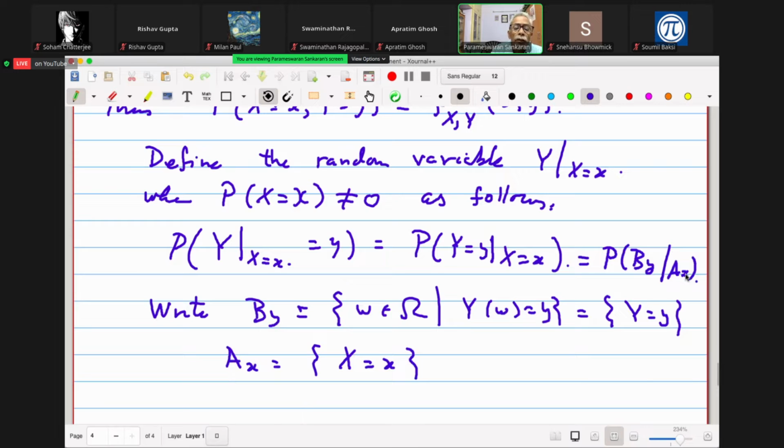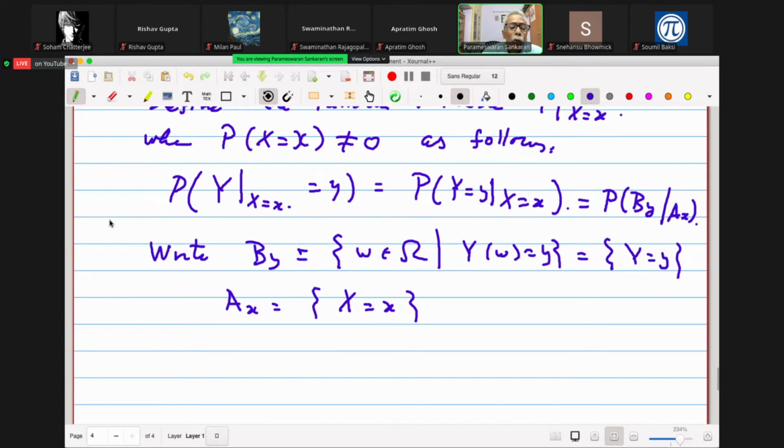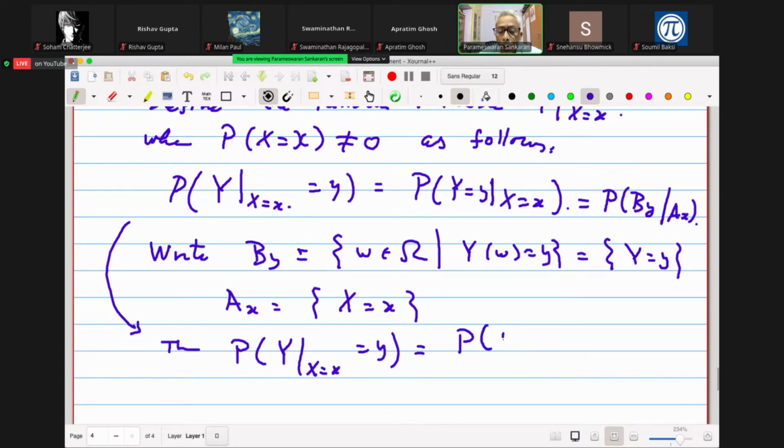And this is why we needed to know that the probability of X equals x is not equal to 0, because then this is the same thing as the probability of Y given X. There is a notation for it which I have not yet introduced, but let me continue with this one. This is equal to the conditional probability of B_y intersected with A_x divided by P of A_x, right?